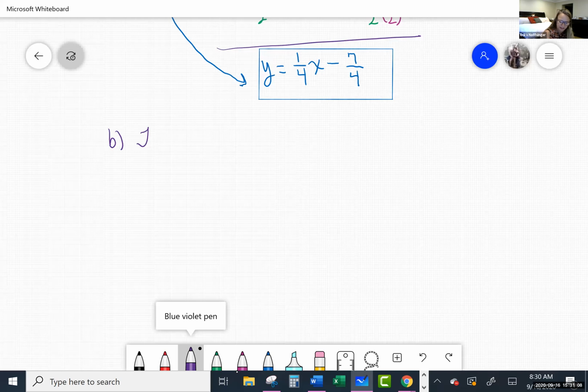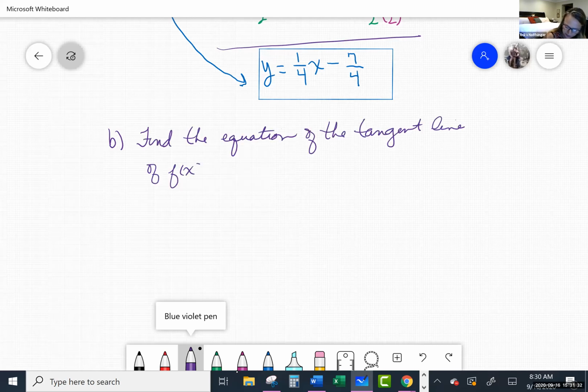Okay, so we need a point, but we already found that point. When we plugged in 1 for x, we got negative 3/2 back for y. So we got our point. Now we need to find our slope at a particular value on our function.